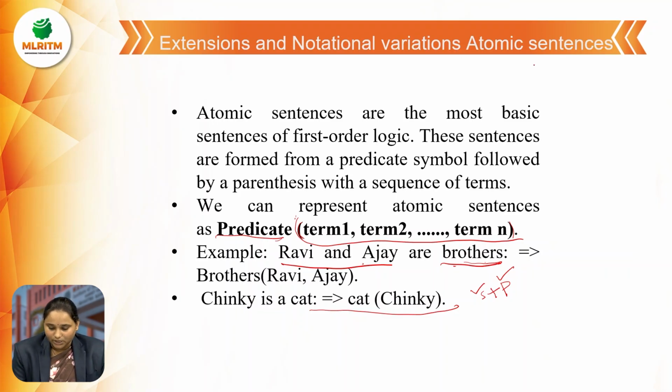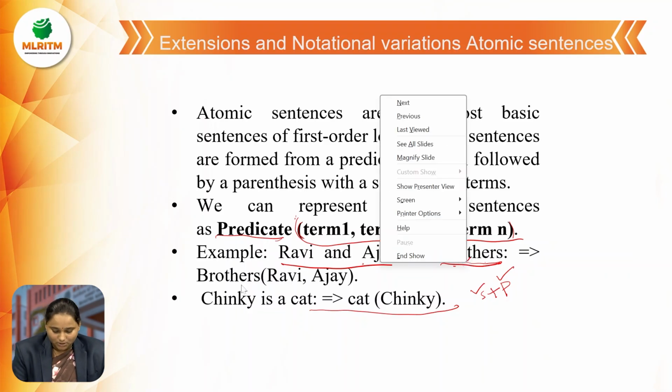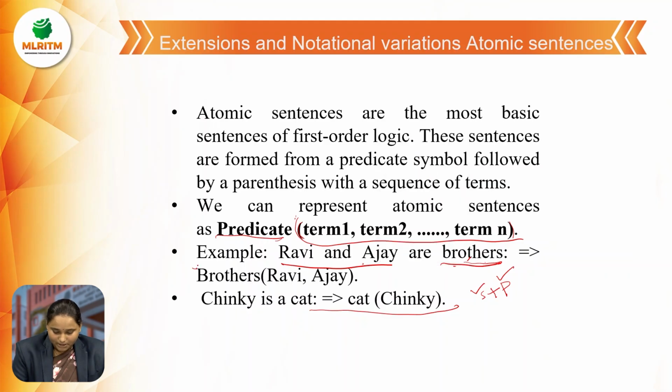How do we represent who are the brothers? First we take the predicate brothers, and then for whom: Ravi and Ajay. These two are the brothers. Like this we represent it in predicate form.